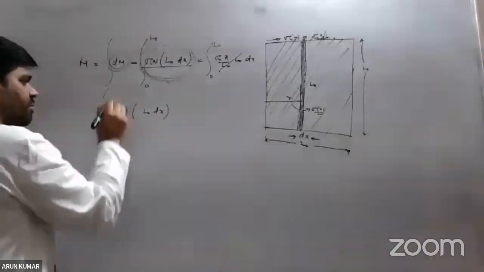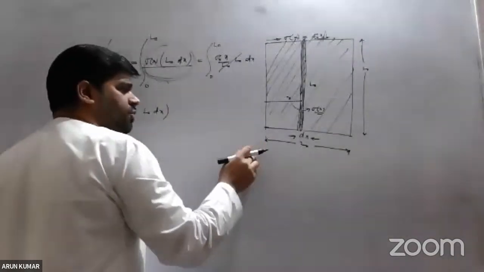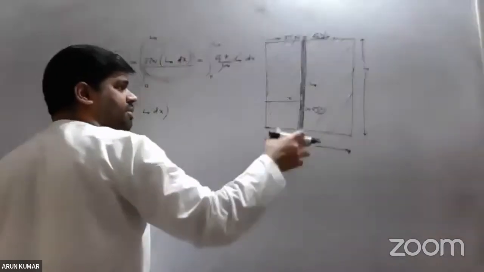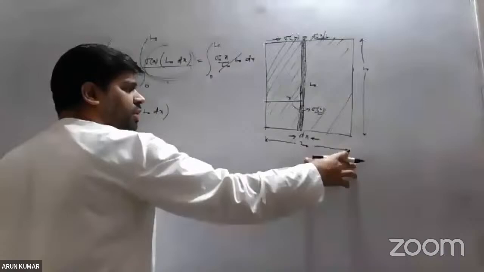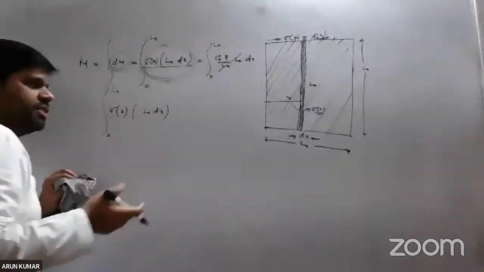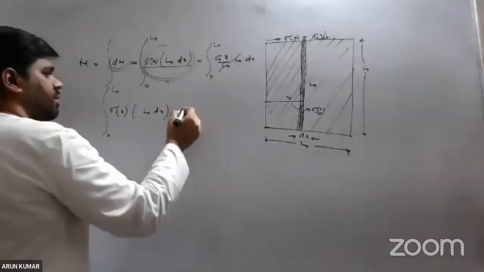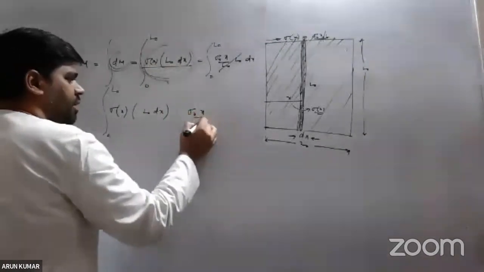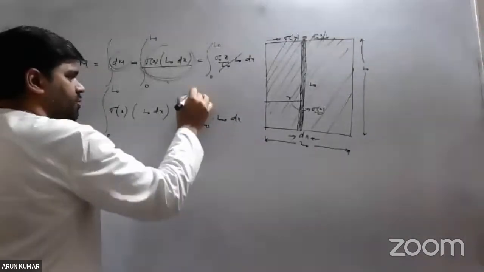I integrate this under proper limits, 0 to L naught, because I want the total mass. If I want only half the plate, then 0 to L naught by 2 or L naught by 2 to L naught, depending on what is asked. So I'll substitute sigma of x as sigma naught into x by L, into L naught dx, integrating it from 0 to L naught.